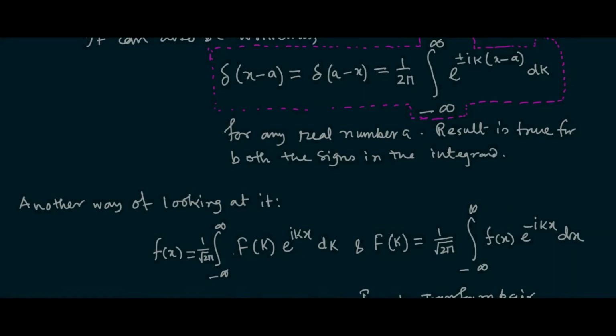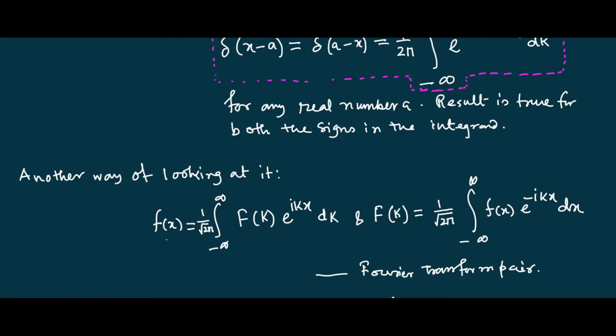Another way of looking at it: from the Fourier transform we know f(x) equals 1/(2π) integral from minus infinity to plus infinity of f(k) e^(ikx) dk, and f(k) equals 1/(2π) integral from minus infinity to plus infinity of f(x) e^(−ikx) dx.